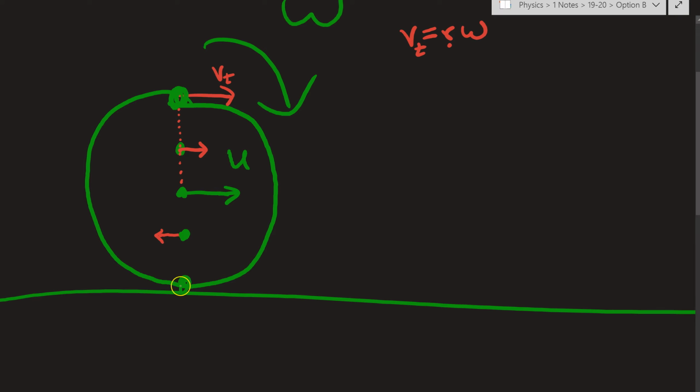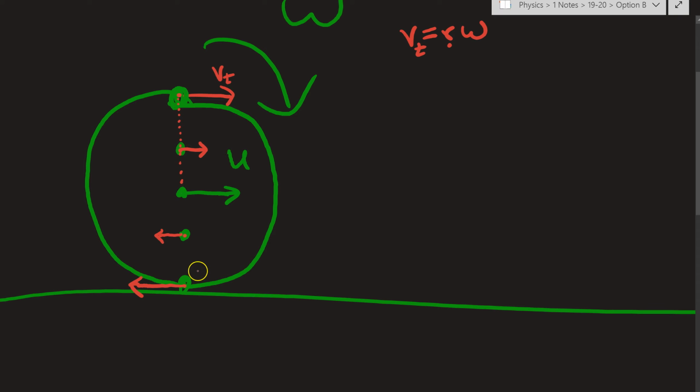And this bottom point would have a velocity comparable to the top point, but pointing in the other direction. And so these are larger the farther away you are from the axis of rotation.